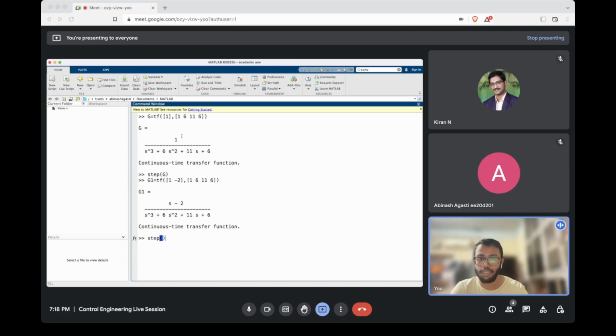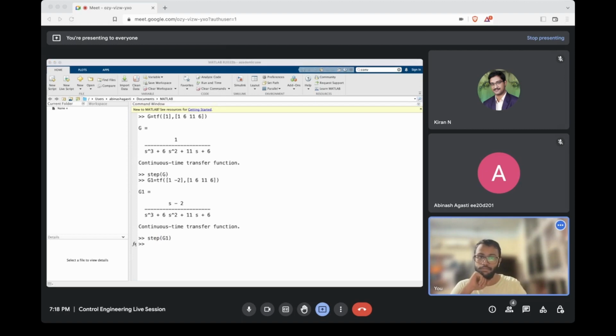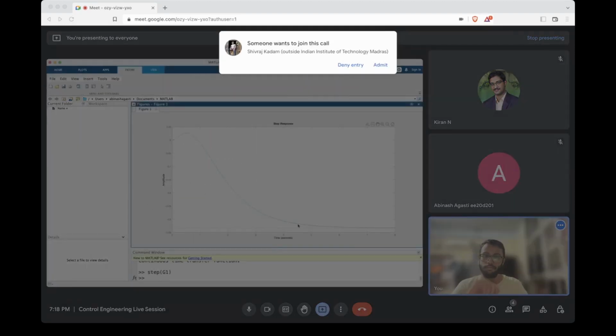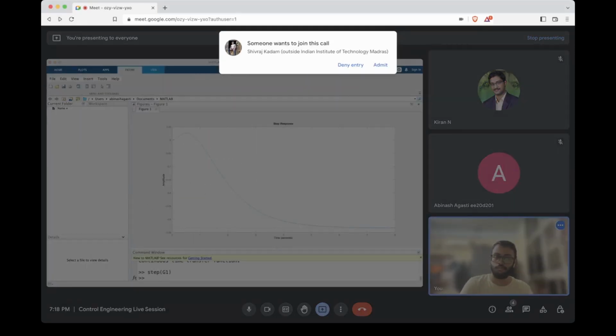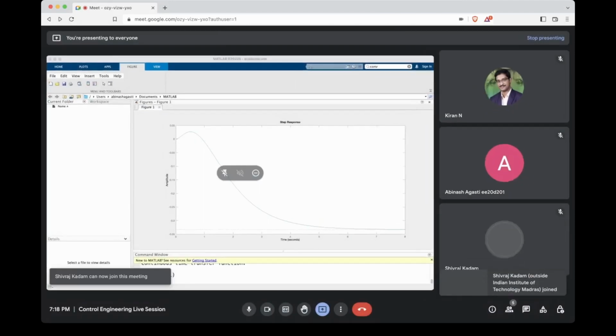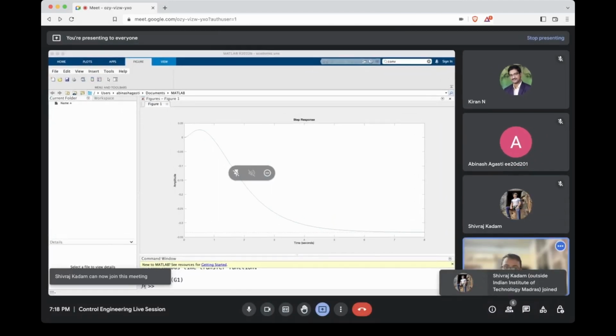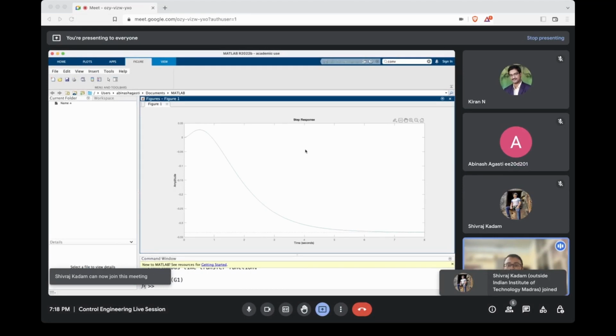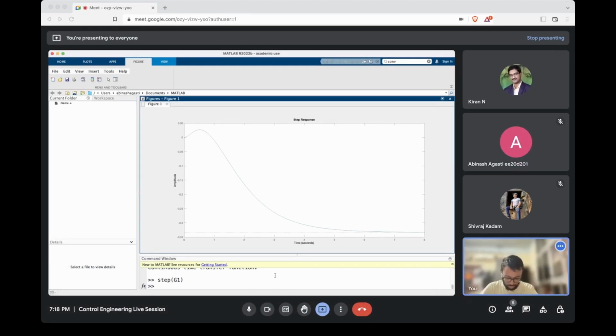Let's check its step input now. Can you see the step input? Yeah, it is settled at some negative value.